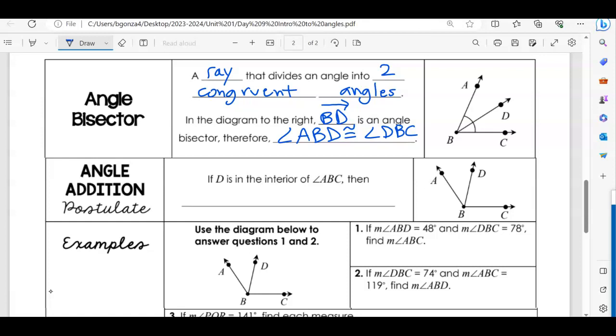So go ahead and put angle ABD plus the second part, this part over here, is what? DBC. So angle DBC. And that equals the whole thing, right? Part plus part. What three letters make the whole thing? ABC.